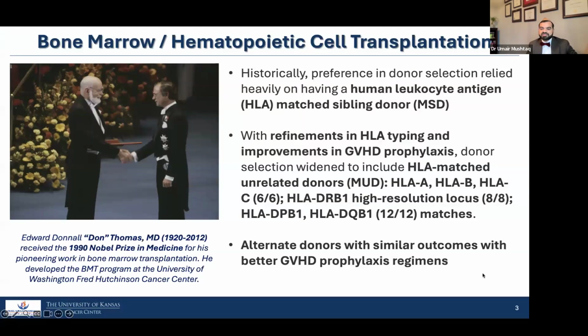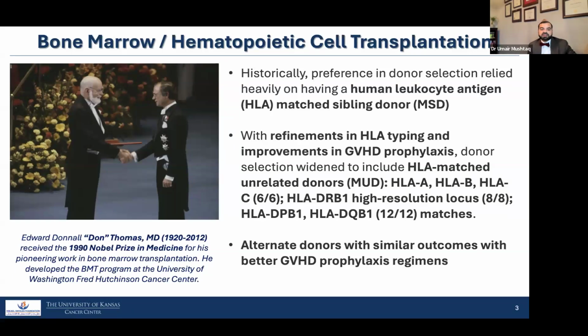Bone marrow transplantation, or hematopoietic cell transplantation, started as a procedure in the 1950s. The first programs developed in the 1970s. Dr. Don Thomas got the Nobel Prize in 1990 for his work in bone marrow transplantation.